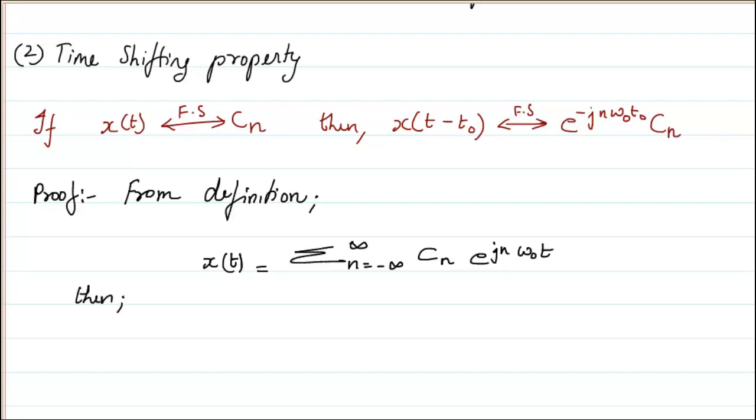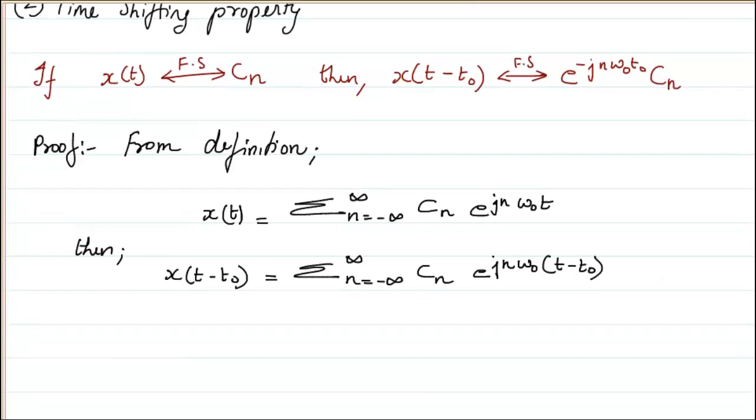Then if I am trying to find out what is x of t minus t naught, it means I have to substitute t minus t naught instead of t. So the summation is the same, n equals minus infinity to infinity, Cn is also the same, and e raised to power j n omega naught is there, and instead of t you will write t minus t naught.